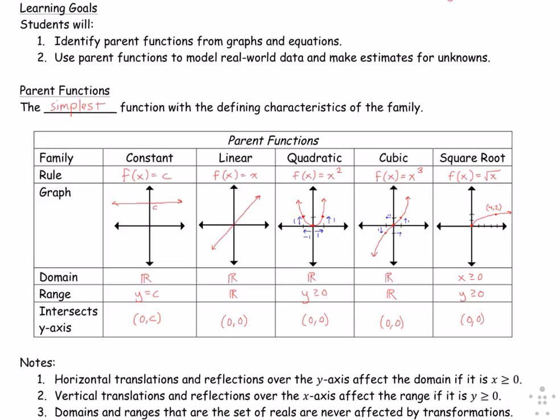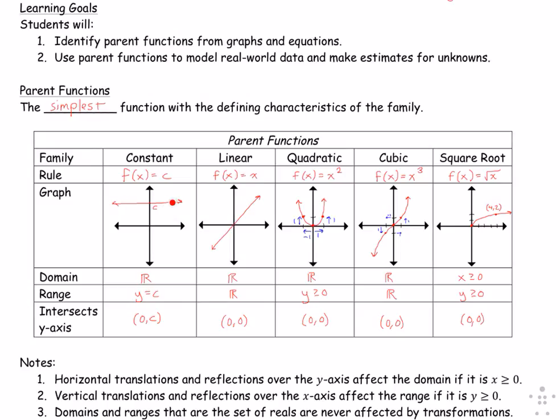Then the rule, which is the symbolic what do you do to the input to get the output, for cubic is you cube the input, and for square root, you take the 1/2 power of the input. So you see the square root there. Here are the graphs.